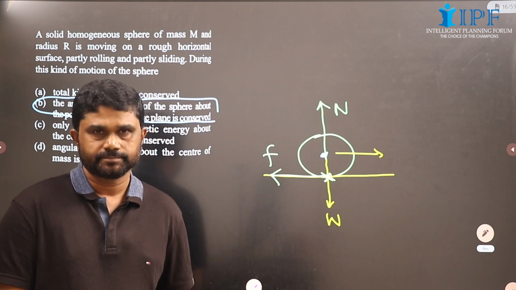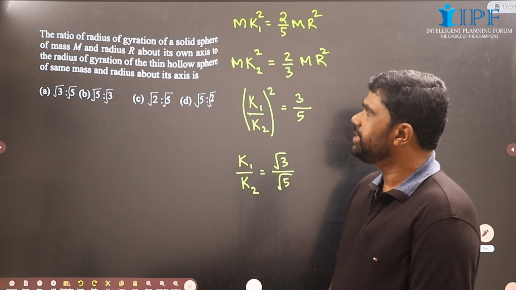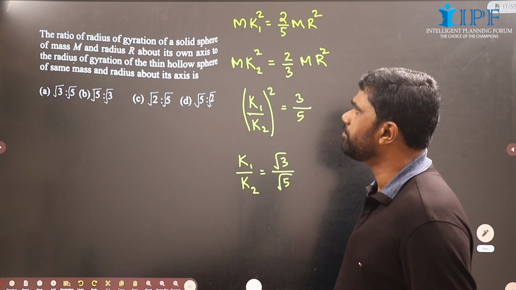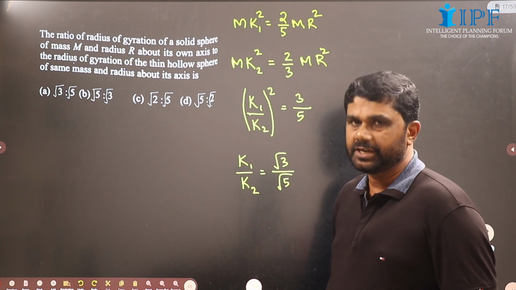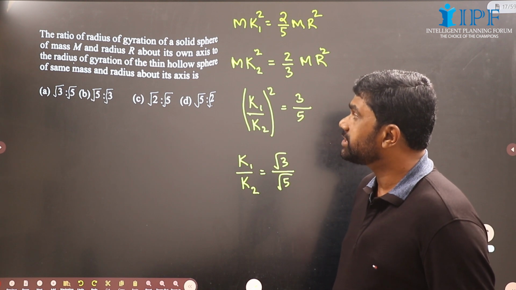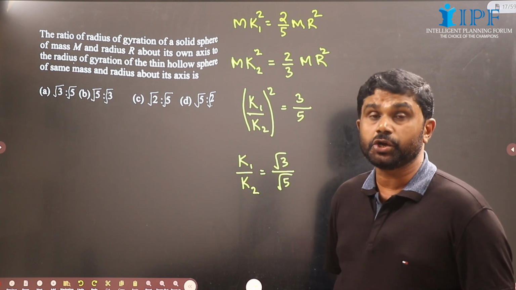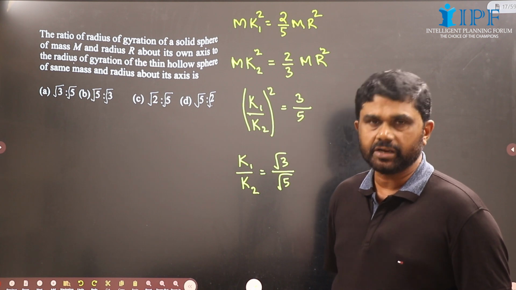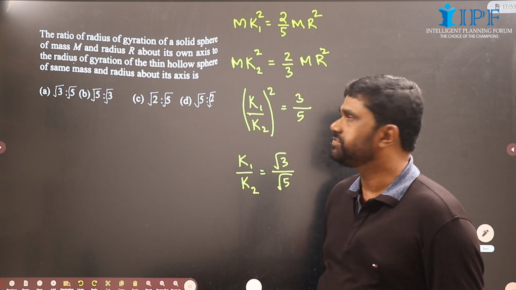Now see the next question: the ratio of the radius of gyration of a solid sphere of mass M and radius R about its own axis to the radius of gyration of a thin hollow sphere of same mass and radius. We have a solid sphere and a hollow sphere.